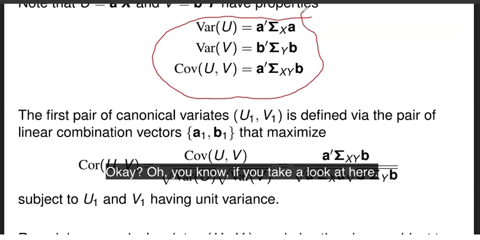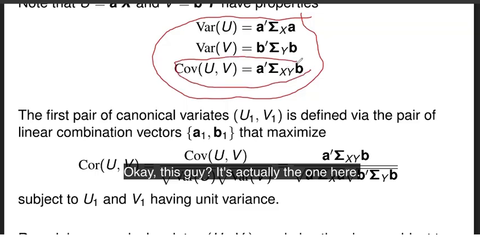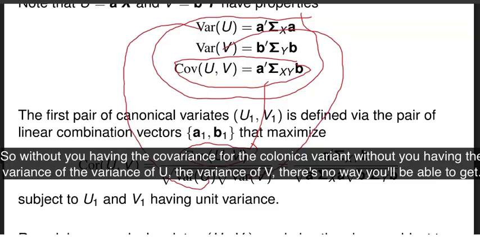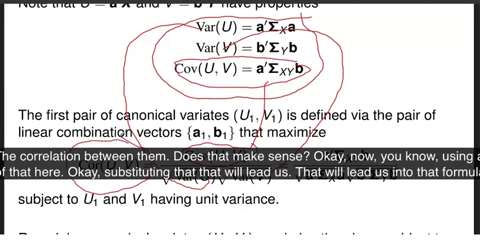Without the covariance of the canonical variates, without the variance of U and the variance of V, there's no way you'll be able to get the correlation between them.